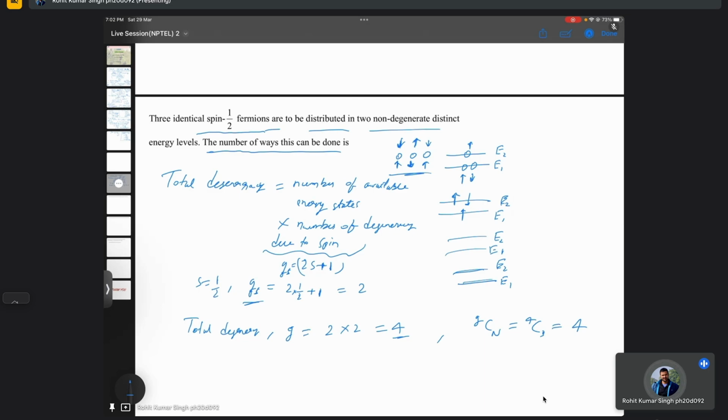Since these are identical, non-distinguishable particles, we don't have to worry about which is which. But these 2 cases can be there.